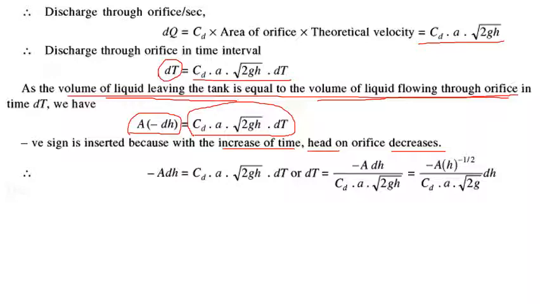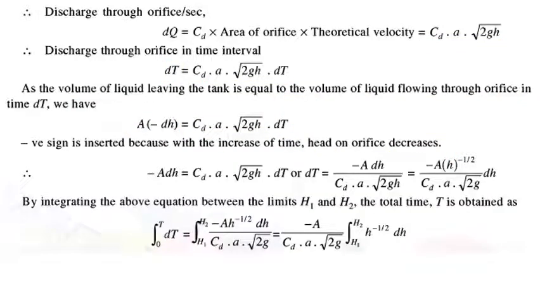So that's why a negative sign is given on the left side. So minus A into dh is equal to CD into a into square root of 2gh into dt, or dt is equal to minus A dh divided by CD into a into square root of 2gh. Here h is moved to the numerator. By integrating this equation we can obtain T, that is the total discharge time.